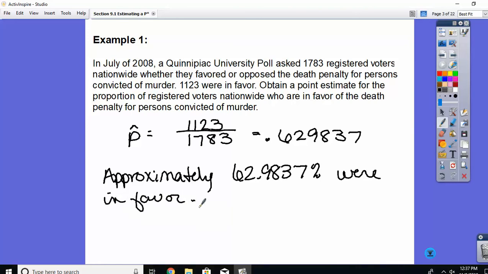Is that of the entire population? Right, that's the statistic, so that's of our sample. So if we had a good sample, this could be used to estimate the feelings of the entire population.